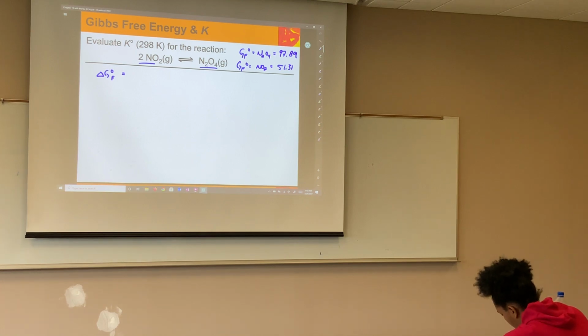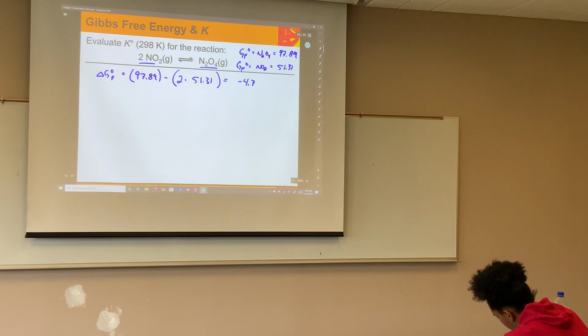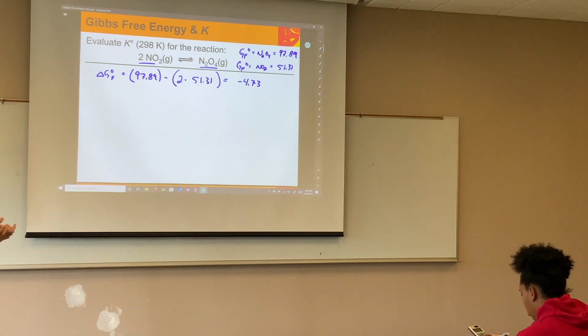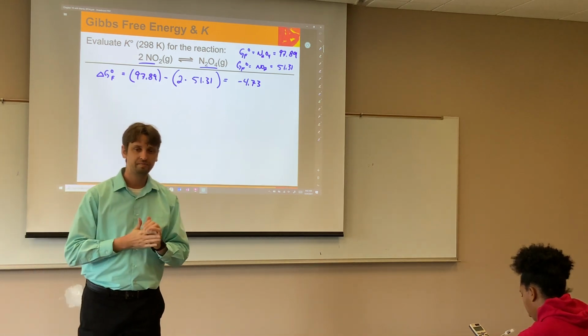Then what we have is our products, so 97.89 minus 2 times 51.31 is equal to negative 4.73, products minus our reactants.